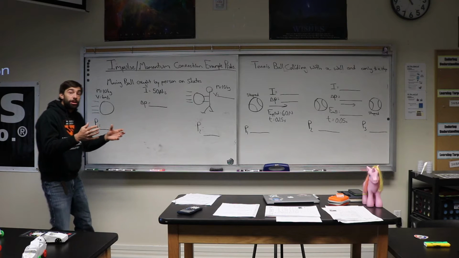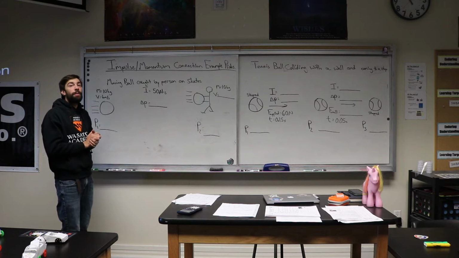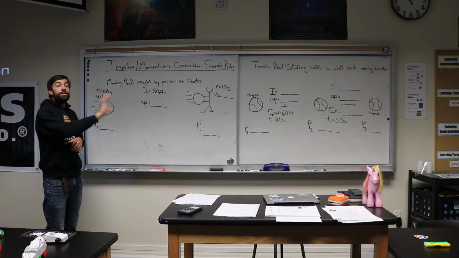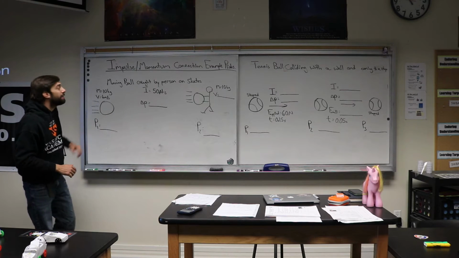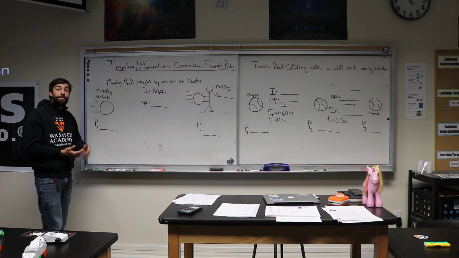Well, probably I'm going to start to roll back a little bit. Not at the same speed of the medicine ball, but the medicine ball is going to exert a force on me. I will exert a force on the medicine ball. The medicine ball will probably start moving a little bit slower after the fact.